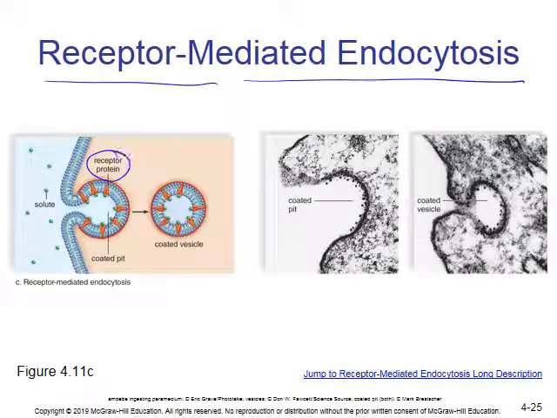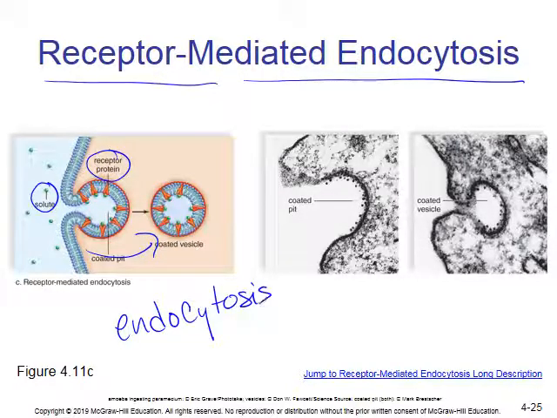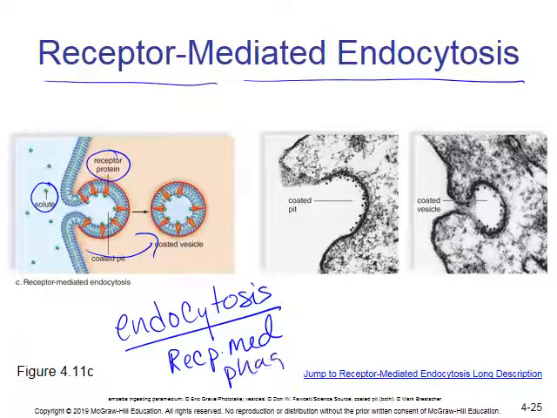So you can see these are receptors involved with binding a solute, and then that triggers this invagination or vesicle formation inside the cell. So basically with endocytosis, you have this one, receptor-mediated, then you have phagocytosis, then you have pinocytosis. So all three of these are examples of endocytosis.